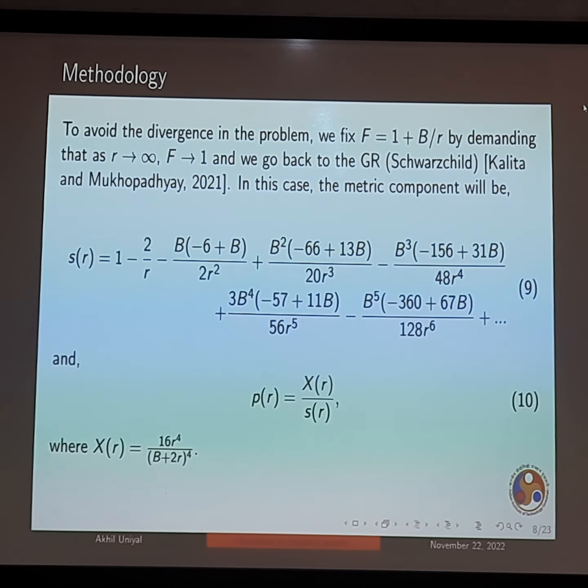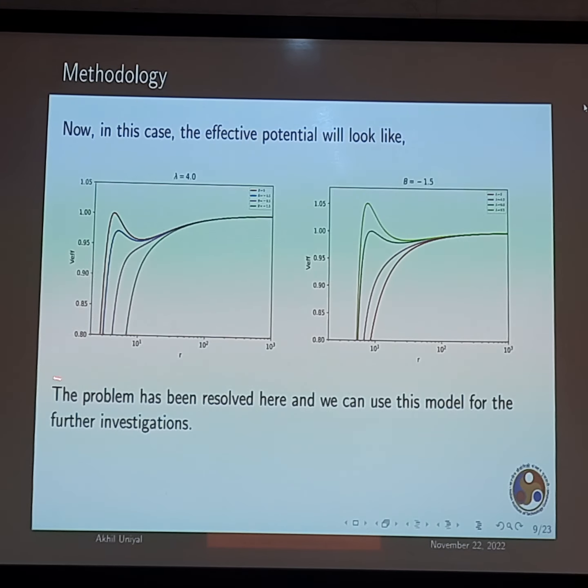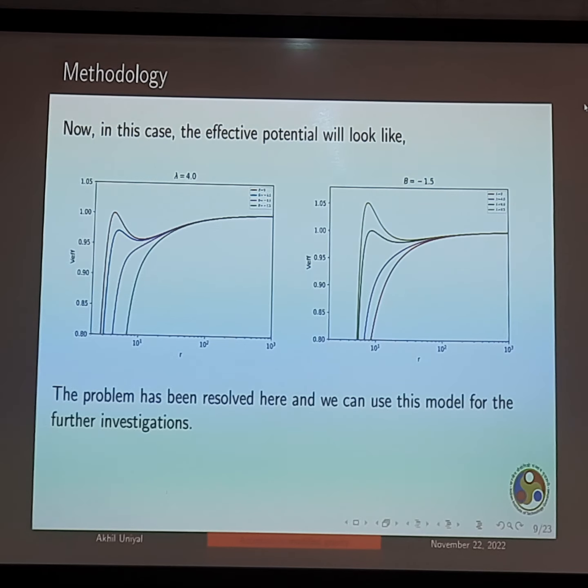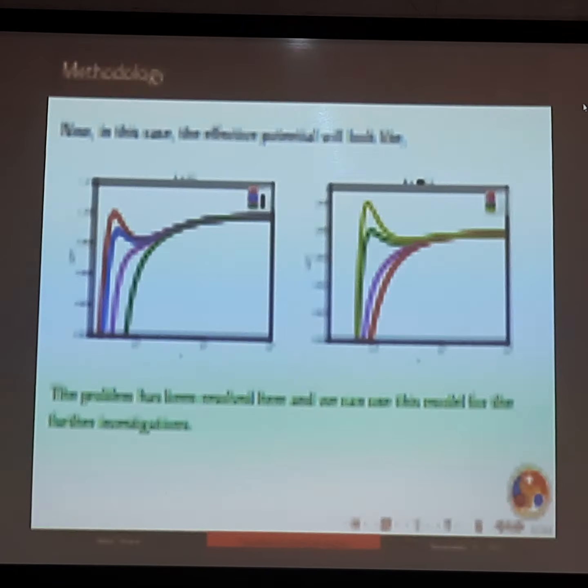And now if you plot your potential, it is very good. You see there is no divergence, and plus you see some changes near the black hole horizon. So now it is clear that you can use this model. So we will go on to implement our accretion model.